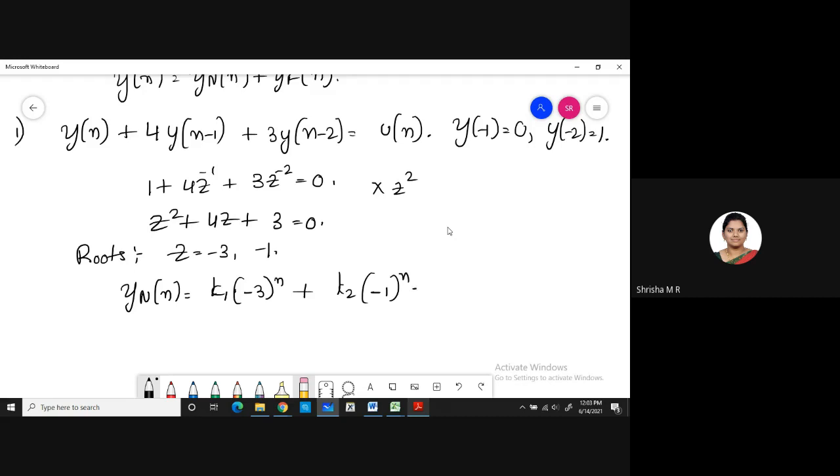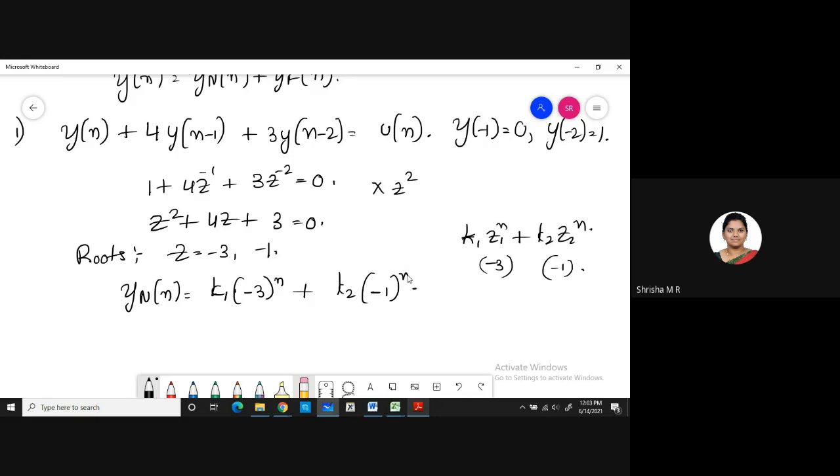It was of the form k1 into z1 to the power of n plus k2 into z2 to the power of n, and we have z1 and z2 as minus 3 and minus 1.